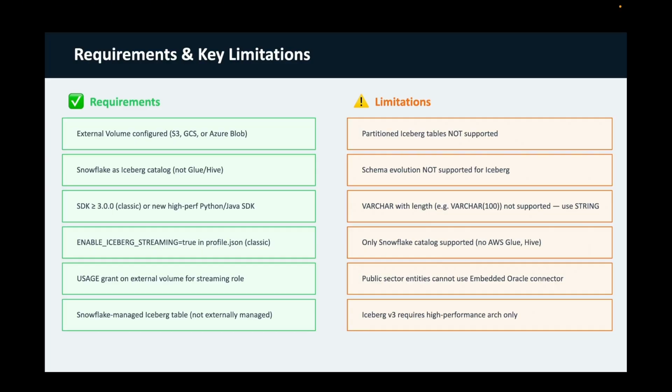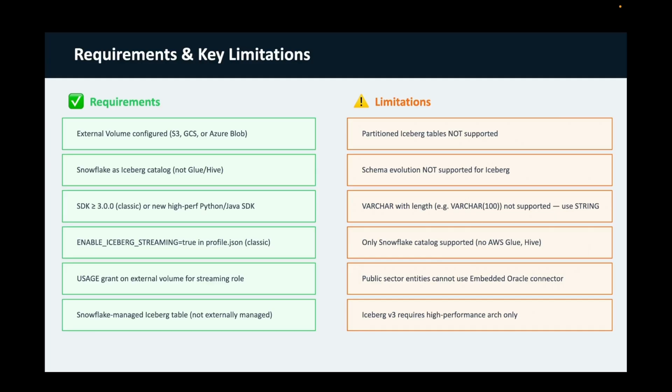What are some key requirements and limitations when you are setting up an Iceberg table to stream the data from Snowpipe streaming? You definitely need an external volume because you have to write the data into your cloud storage, and use Snowflake as a catalog. You cannot use Glue or Hive or other REST catalogs to write using Snowpipe streaming.